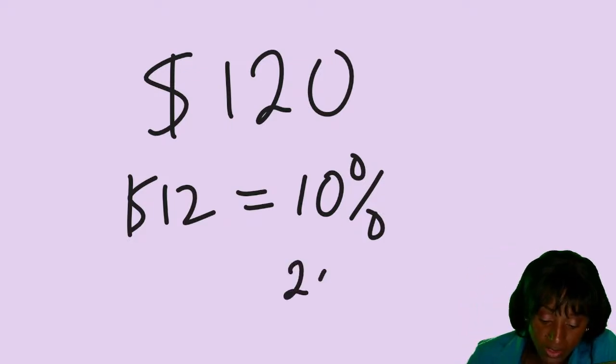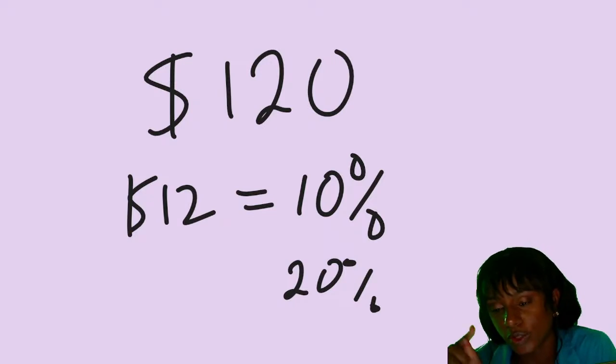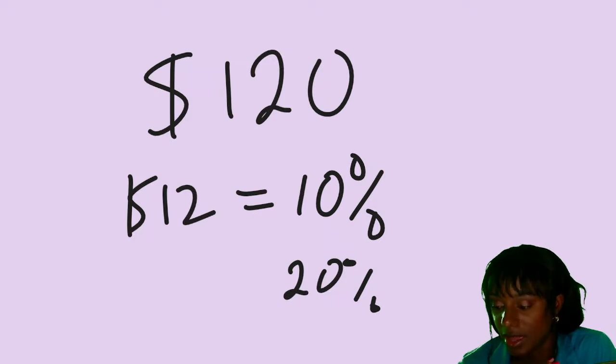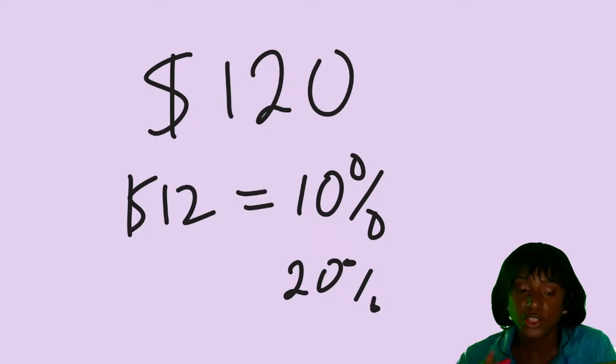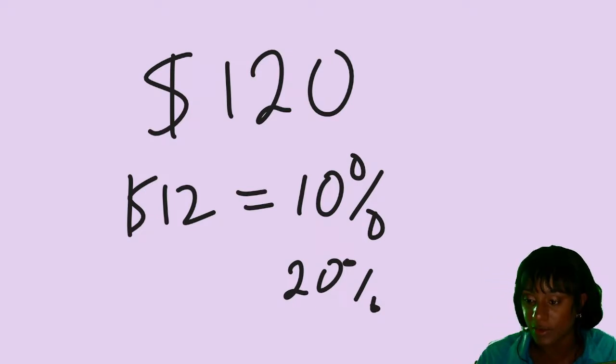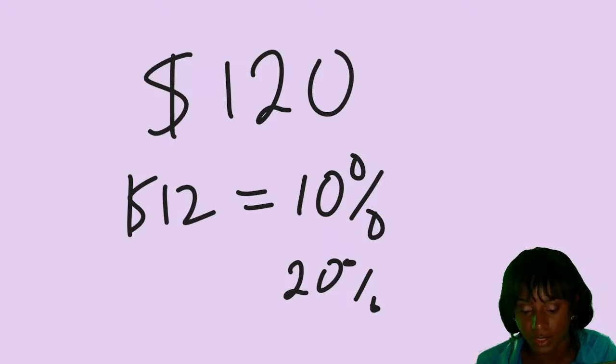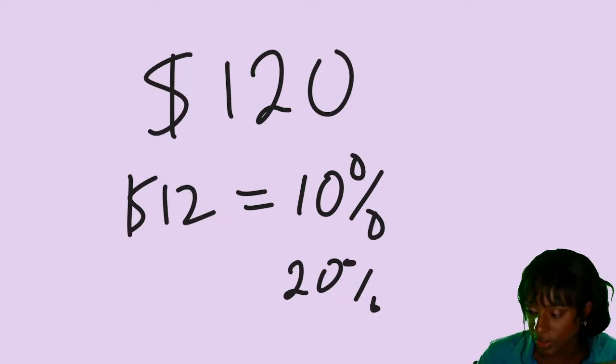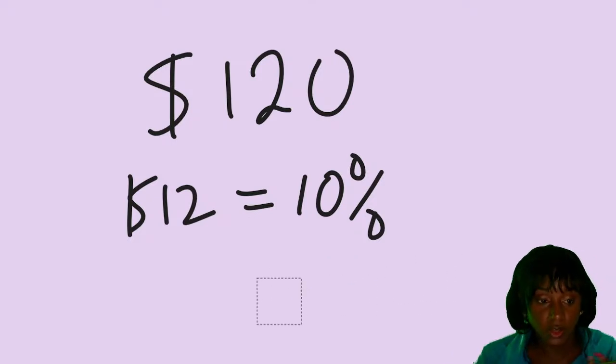We know 10% is $12. What is 20%? Exactly. You simply multiply by 2. You double it, $24. So if you are asked to calculate 20% of a number, you just get 10% of that number and multiply your answer by 2. So that's $24.